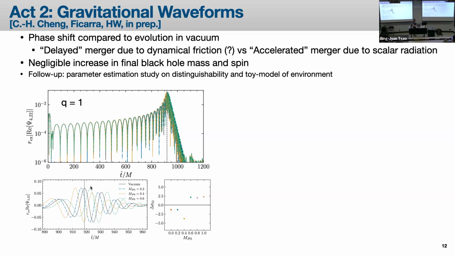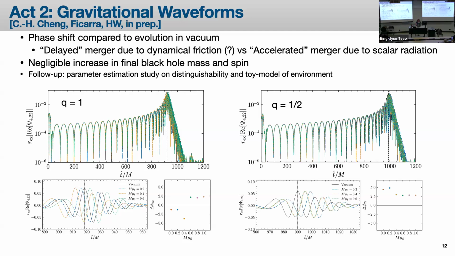And if you look at the unequal mass case, so this is corresponding to what we just looked at in the animation. Again, the full waveform in the top, psi4 as a function of time. Zoom in here in the bottom right, Newman-Penrose scalar as a function of time, zoomed in around the merger, same color coding, so vacuum is in black.